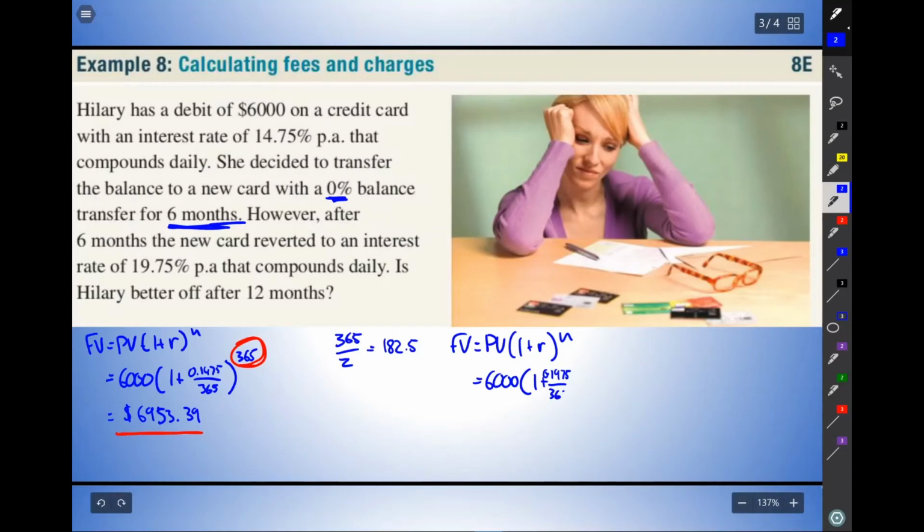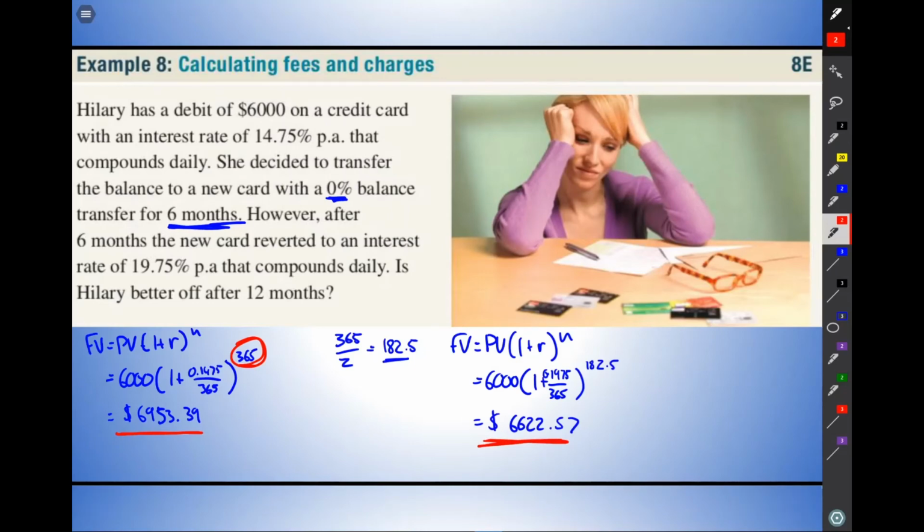We still have to divide it by 365 because we still want the daily interest rate. But our time periods now have changed to this number. We put this into our calculator again, and if you round it off to 2 decimal places, it should look something like this. That's how much her debt will be on the new card after a year.